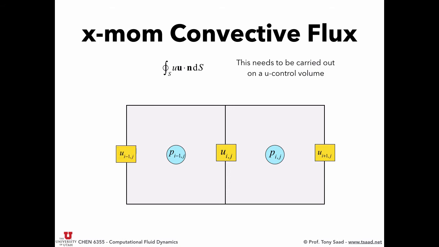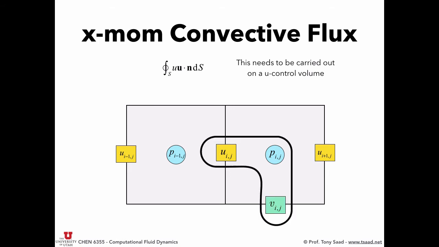Perfect. Now what is the index of the v velocity here? Vij. Yep, because we stagger to the minus side. And what about this one? Yeah, Vi minus 1j, but in my slides I have this one. So what is this one? Vij plus 1.